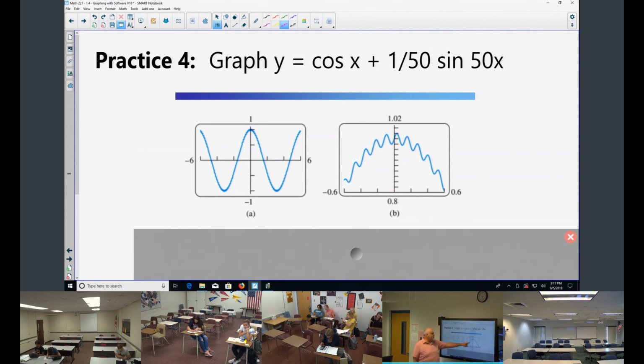So if you don't see that on your graph, then zoom in until you do. You can set this as your window right there, or just zoom in anywhere on the graph. I just want you to see that sometimes there's hidden weirdness going on.